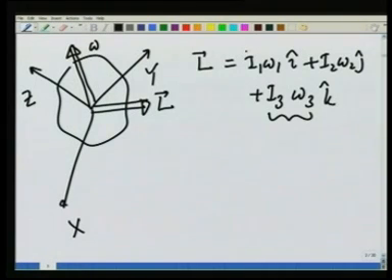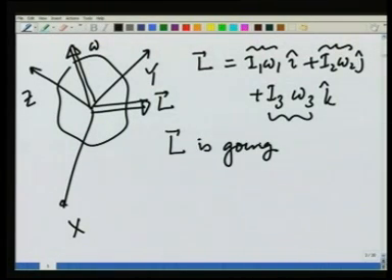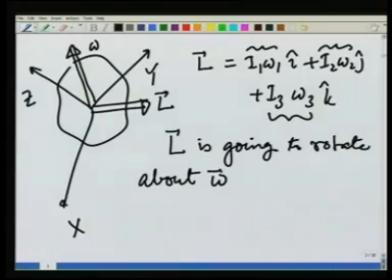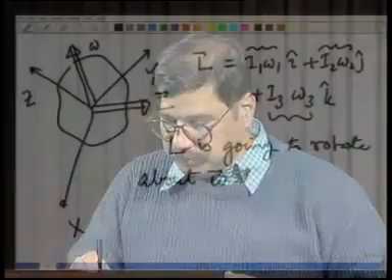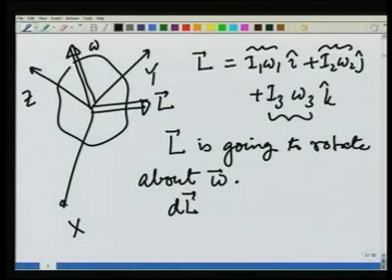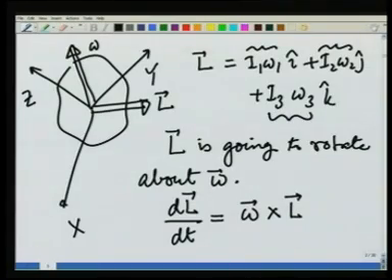All these numbers may remain unchanged, but L is going to rotate about omega, because the principal set of axes attached to the body are rotating about omega, and the rate of change because of this rotation is going to be omega cross L. We will see a few examples of this kind later in the lecture.